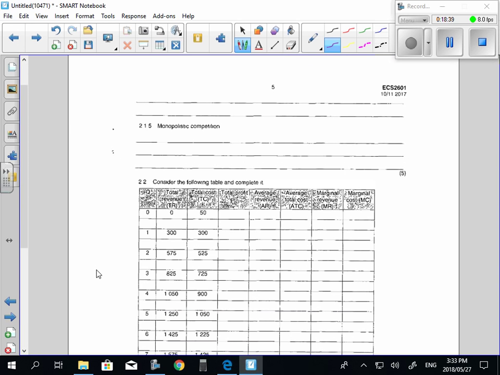Monopolistic competition. So remember, you've got two extremes. You've got monopoly on the one side, and you've got perfect competition on the other.